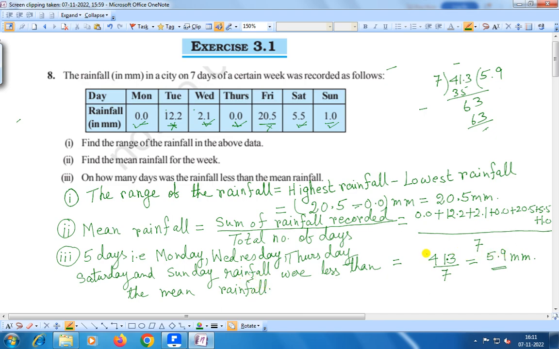Mean rainfall is 5.9 millimeter. Therefore, these days are less than the mean rainfall.